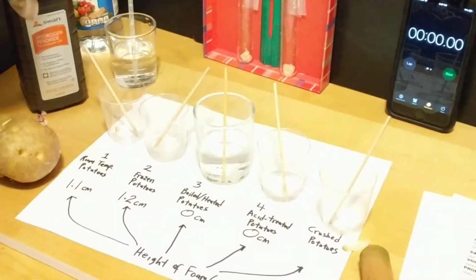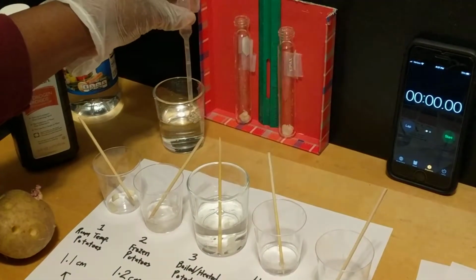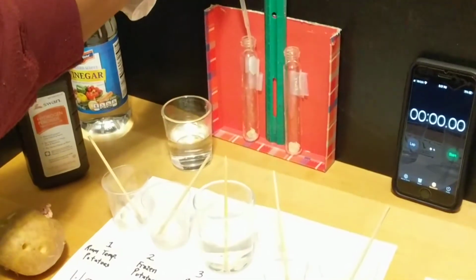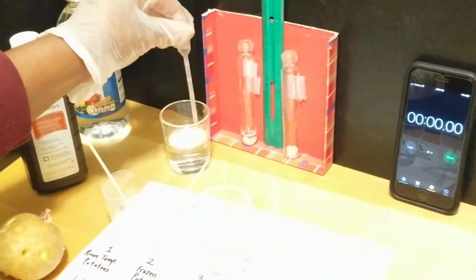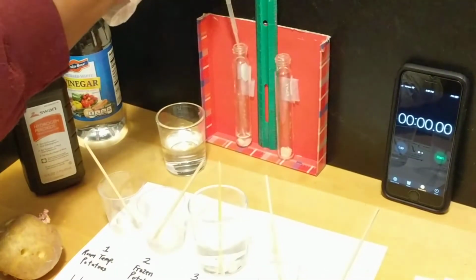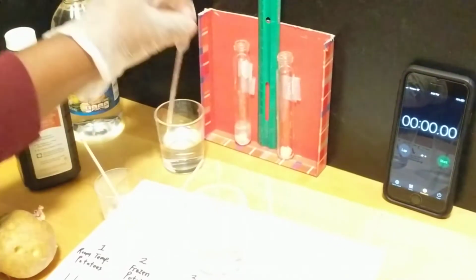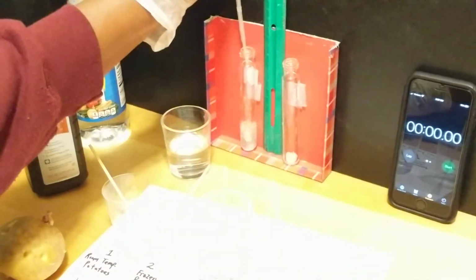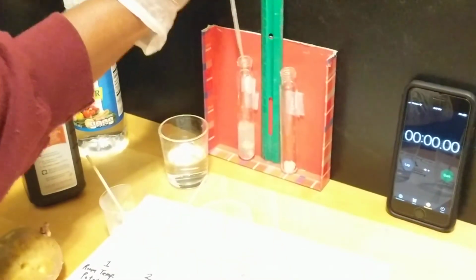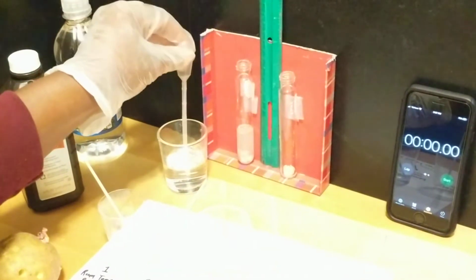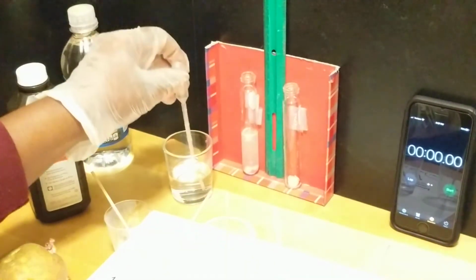So I'm going to add the equal amount of hydrogen peroxide to the first one, which is our room temperature potato. Initially we had the height of the foam measured to be 1.1 centimeter. So I've added 2 milliliters, 3, 5 milliliters, and we see some reactions happening.